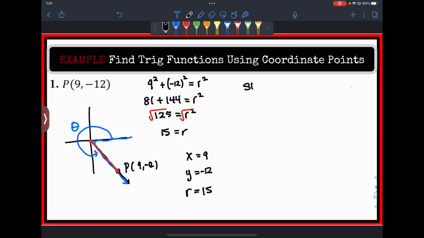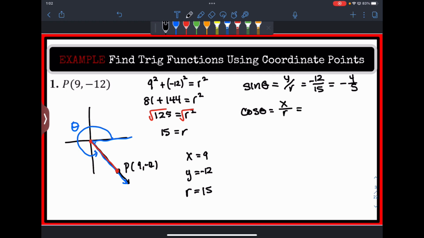And now we can find the 6 trig functions. We can start with sine. Sine gets the y coordinate and divides it by r. So negative 12 over 15. Since this has a common factor of 3, that's going to reduce to negative 4 over 5. Cosine of theta divides the x coordinate by r.